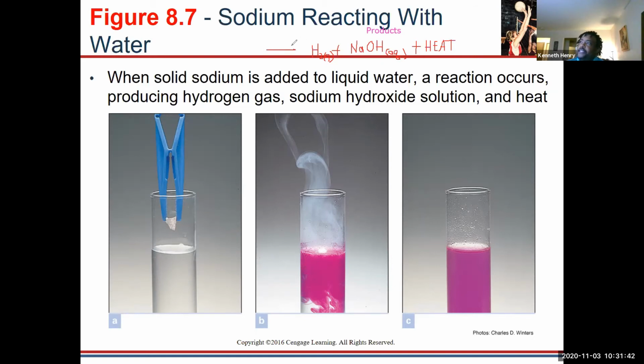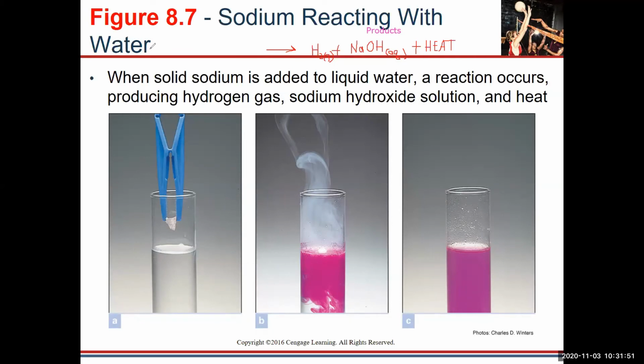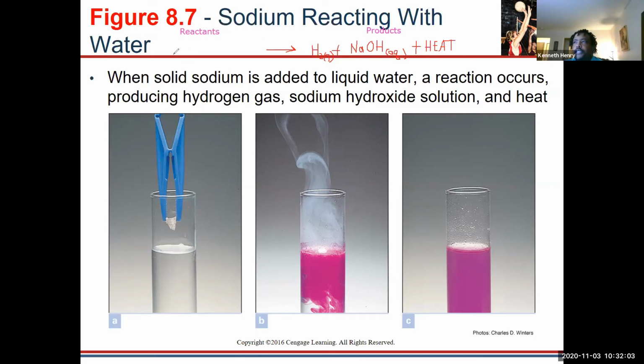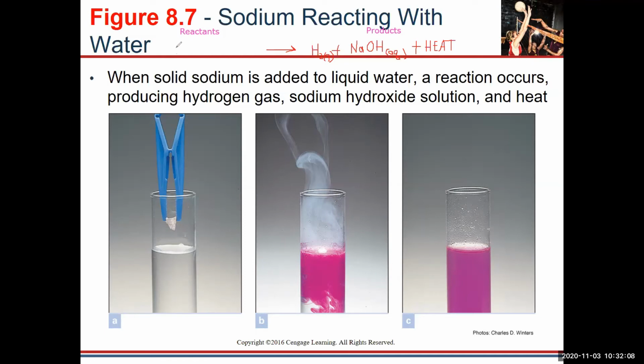What about our reactants? Sodium and water. Sodium would look like Na, and then in parentheses s for solid.